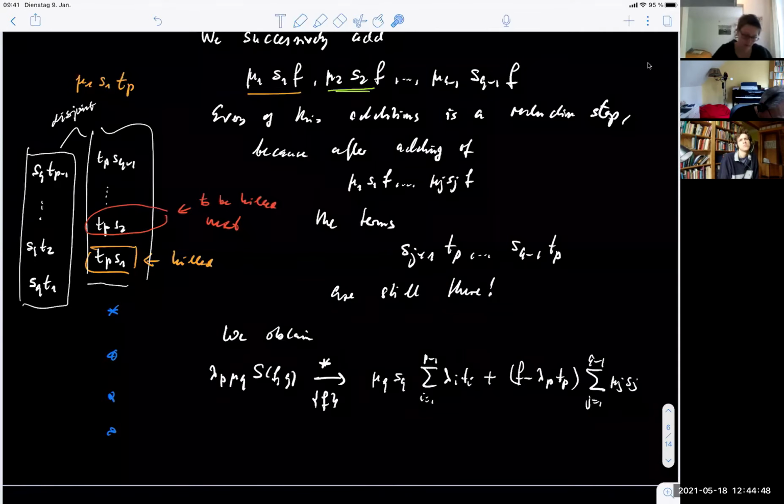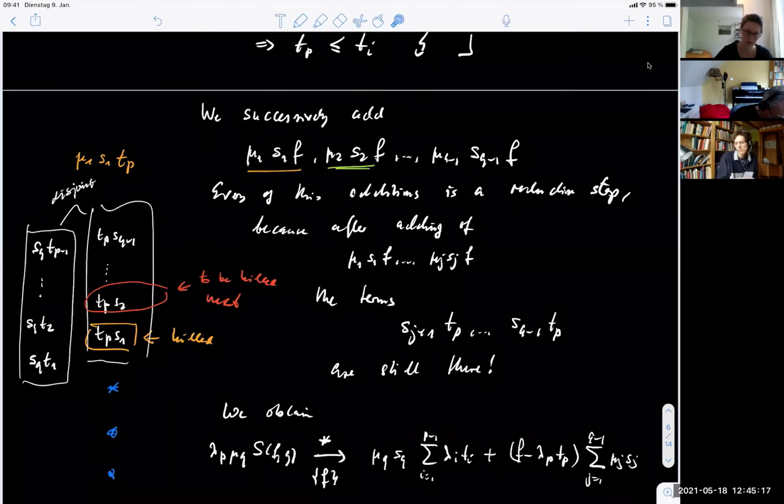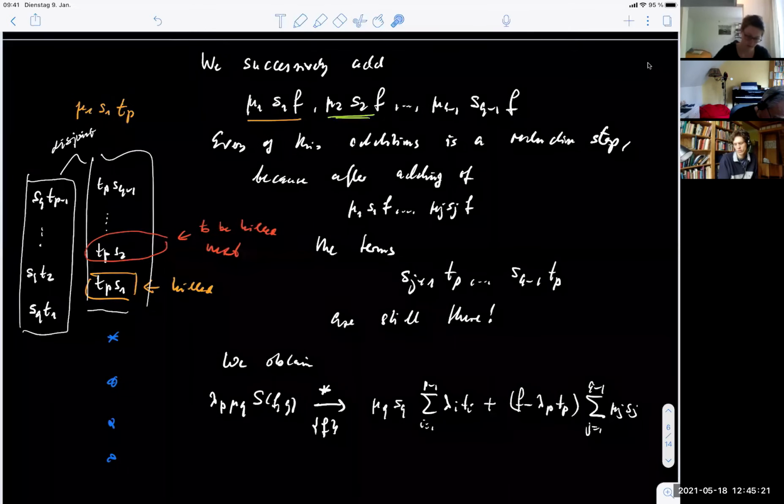And in the S polynomial, we have the factor lambda P. So don't we have to add this term multiplied with lambda P inverse also? Let me see. I think I know what you want to say. So that the coefficients cancel. Yes. Maybe I had, let me think.